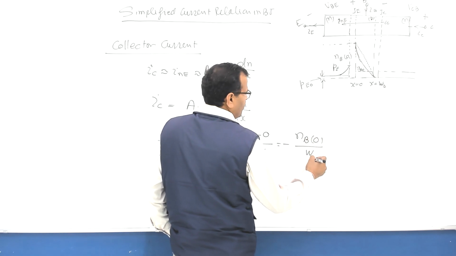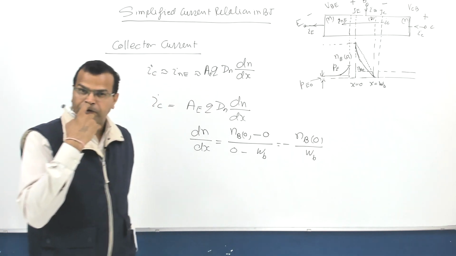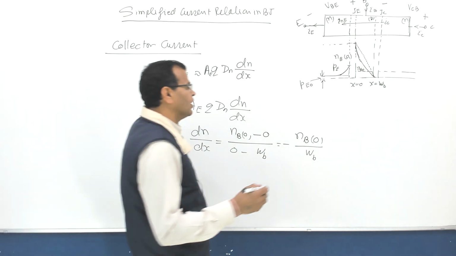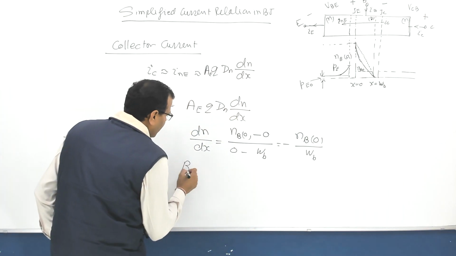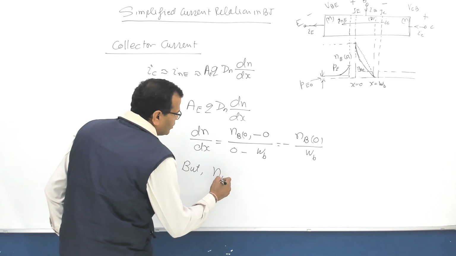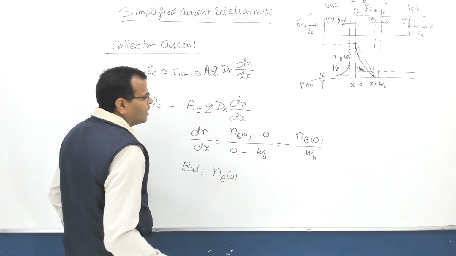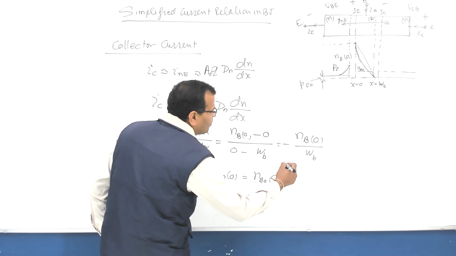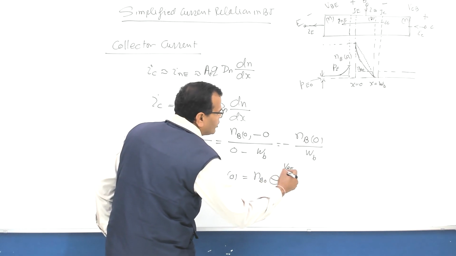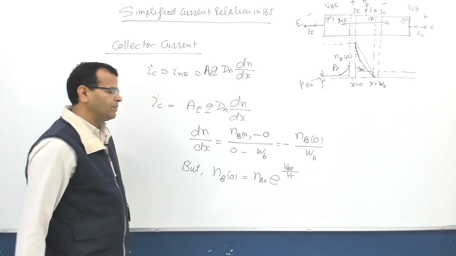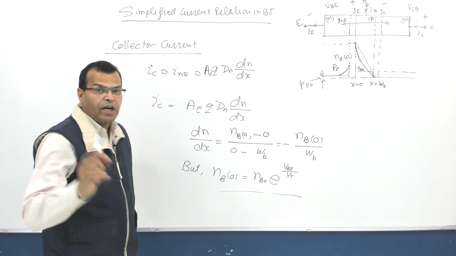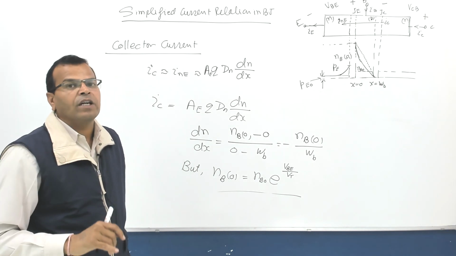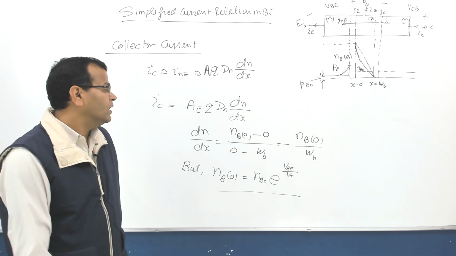But remember, if you remember the variation in concentration in a forward bias PN junction, you need to recall the diodes: the concentration of minority carriers at the edge of the depletion layer is equal to the concentration at thermal equilibrium into e raised to power the forward biasing voltage of the junction divided by thermal voltage. This is the relation we have derived in the PN junction diode video, that is variation in concentration in forward biased PN junction.